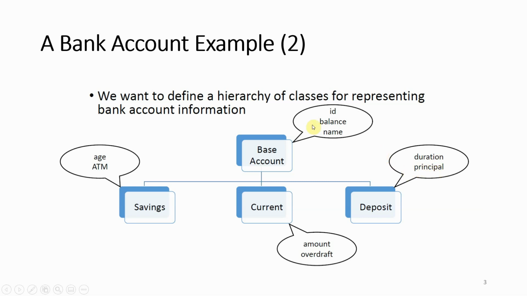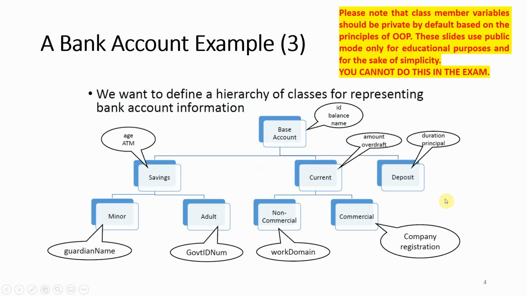So you have a base account, and all of these bank accounts would have ID, balance, and name, right? But the savings bank account, in addition to the ID, balance, and name, would have age and ATM number. The deposit would have, in addition to ID, balance, and name attributes, duration and principal balance.